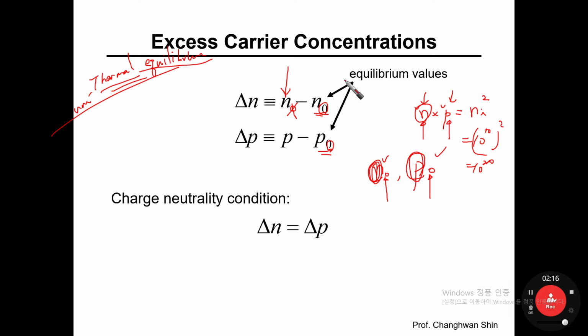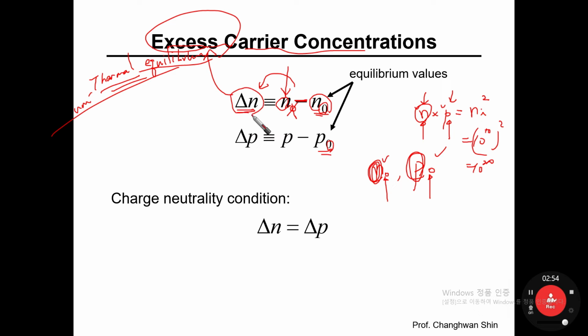So this n and this n naught should be different, and the difference between n and n naught indicates what? Yeah, delta n, or excess carrier concentration. Excess means more than the equilibrium state. How many additional electrons are created with respect to the reference number? In this case, the reference number should be n naught.